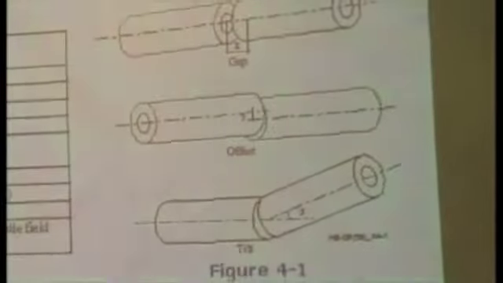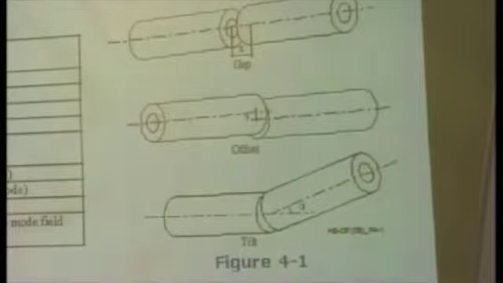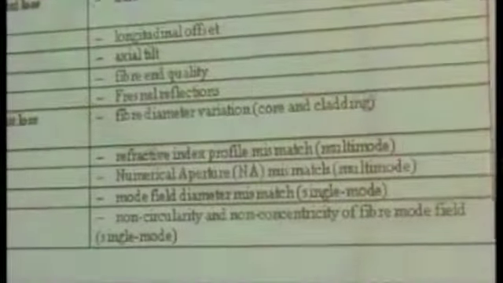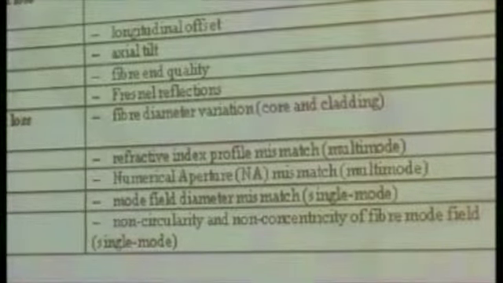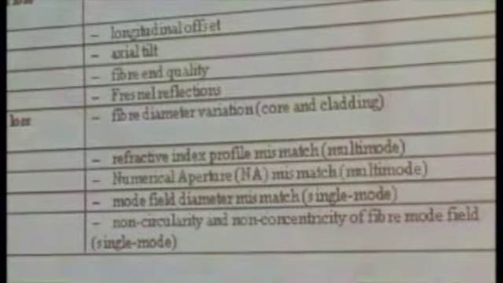On the other hand, there are some factors that are directly related to the fiber. If one fiber has some diameter variation, considering the core, that's the central region, or considering the cladding, when both are put together we can find a discontinuity. And as this is caused by the fiber characteristic, not by the fiber position, it is considered intrinsic.